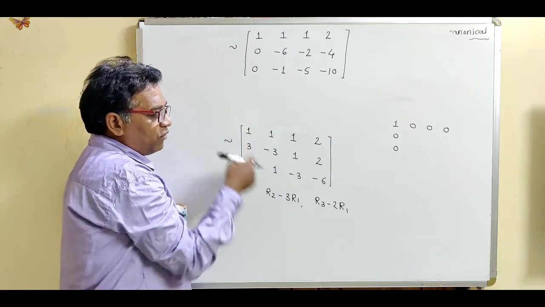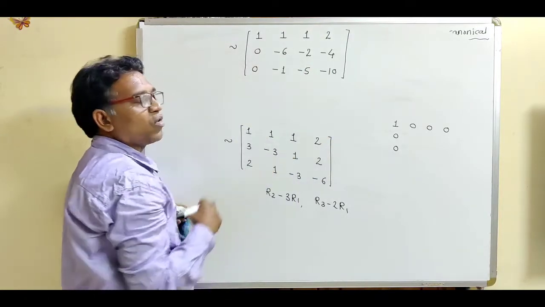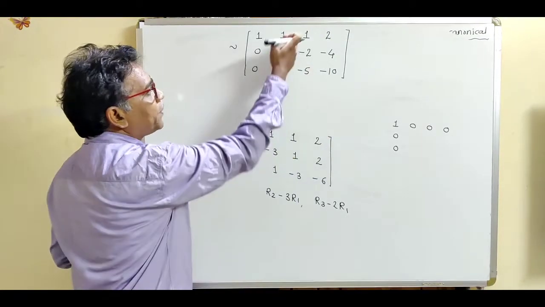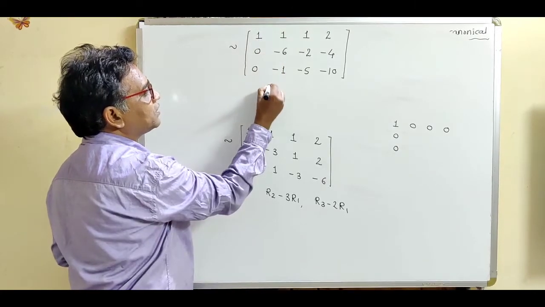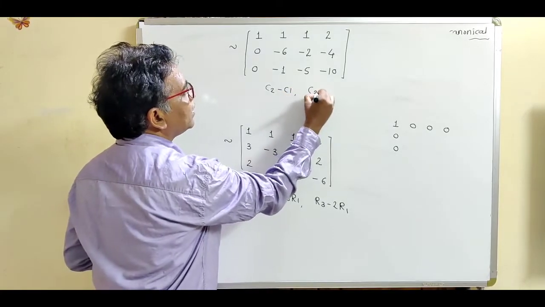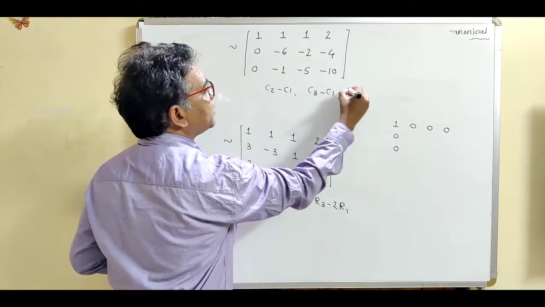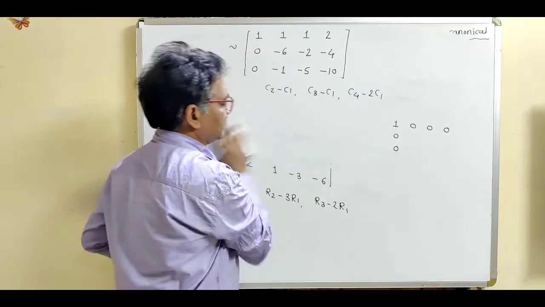For the corresponding column, we use the row operation, and for the side elements, we use the column operation. So now use the column operation, make these elements equal to 0. So this is the second column position, C2 minus C1, C3 minus C1, and C4 minus 2C1.